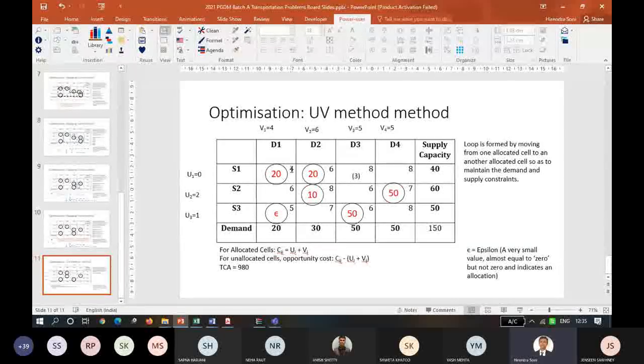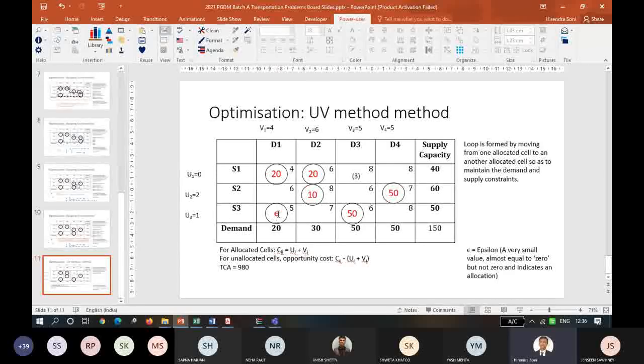Okay, before we move on. So for the allocated cells, I'm starting with U1 equals 0. So V1 is 4, U1 is 0. So V2 is also 6. Since this is 6, 8 minus 6, this is 2. So since this is 2, 7 minus 2 is 5. After that, we have introduced an epsilon here because we were not able to calculate other values.